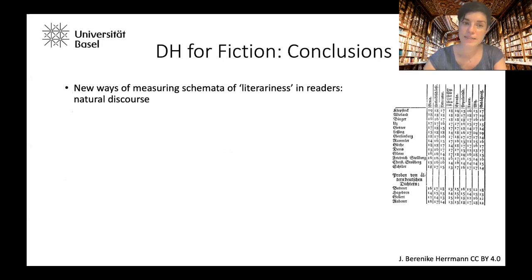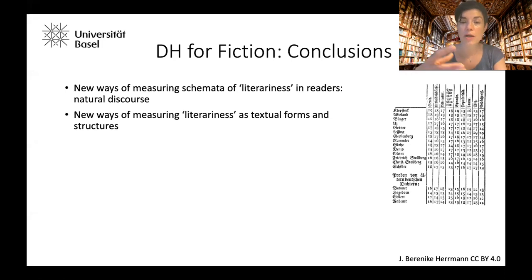But what we can see, from the research perspective, is also new ways of measuring schemata of literariness in readers. So finding out what readers really have in their minds about literature, about fiction in natural discourse. It's a great opportunity to look at a lot of data and really find meaningful patterns.